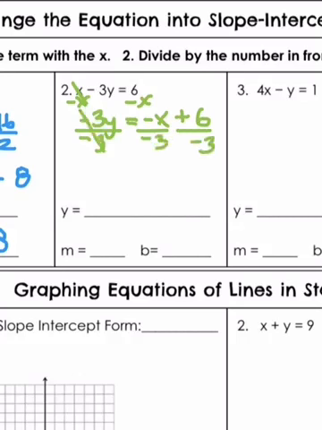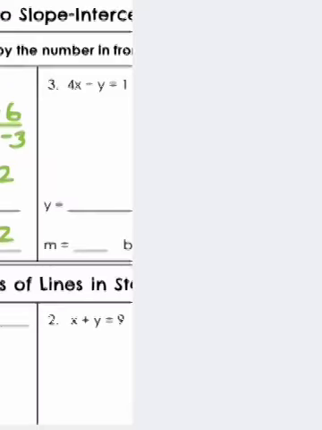All right, and so y equals a negative divided by a negative is a positive, and right in front of the x is a 1, so we can write this as 1/3 x minus 2. The slope is 1/3, the y-intercept is negative 2.